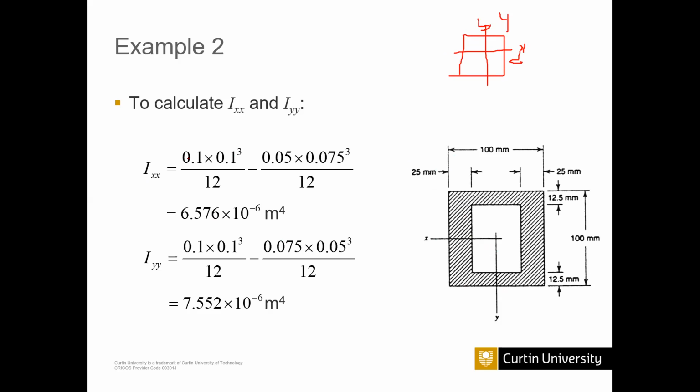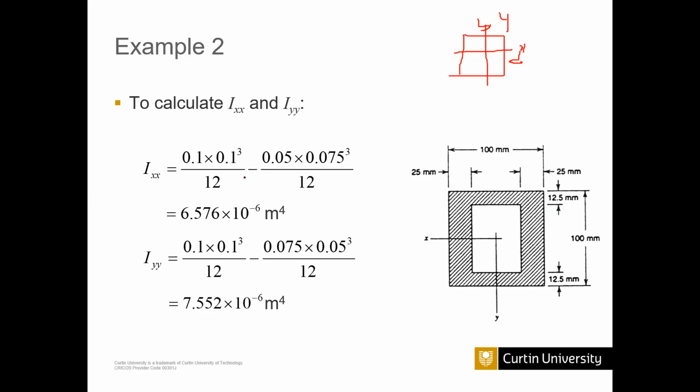You can see this is a square shape, but inside it is a rectangle. The outer surface is a kind of square shape, both sides equal, but there is a hole inside. That hole is a rectangle. You can see this is 25, this is 50 millimeters, and this distance is 75.